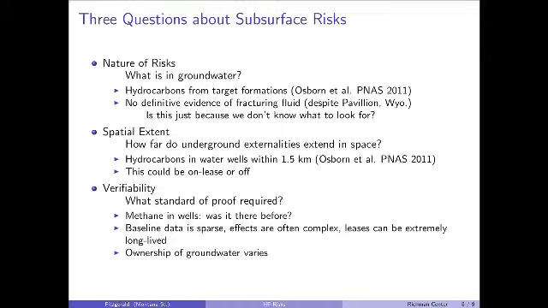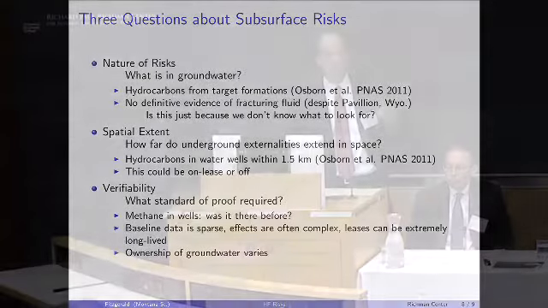The best example, and there's been a lot of press coverage, particularly from people more concerned about the environmental impacts, is that there was actually fracturing fluid in wells in Pavilion, Wyoming. Pavilion has very different geology from the Bakken or the Pinedale Anticline or the Marcellus. The distances are much smaller.